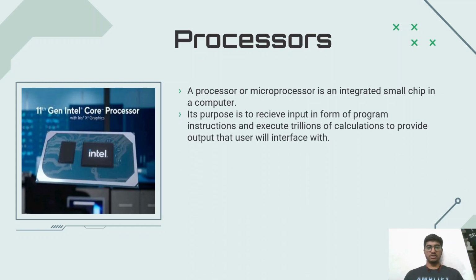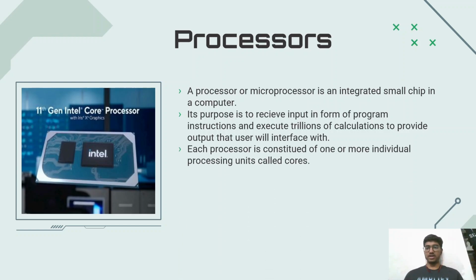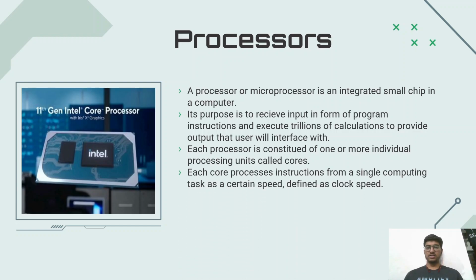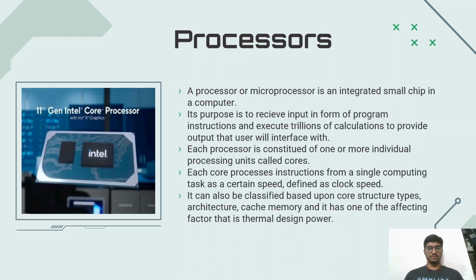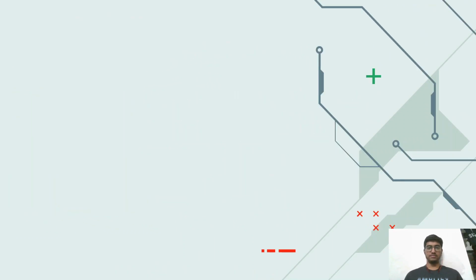Its purpose is to receive input in the form of program instructions and execute trillions of calculations to provide output that the user will interface with. Each processor is constituted of one or more individual processing units called cores. Each core processes instructions from a single computing task at a certain speed, defined as clock speed.